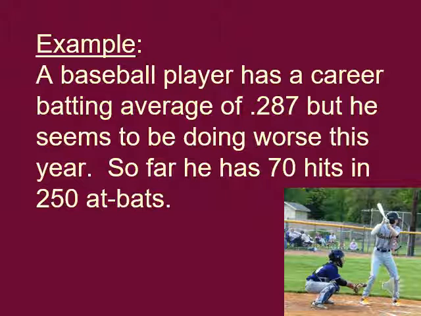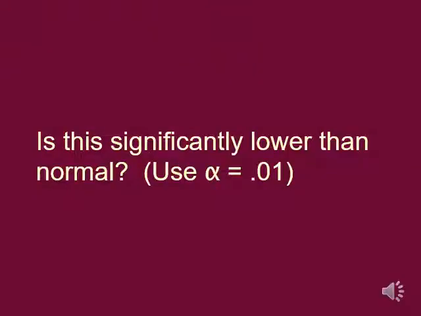When you say somebody's batting .287, what you really mean is that they get a hit about 29% of the time. And so we're going to see, is 70 hits out of 250 worse than what they've done in the past? The question says, is this significantly lower than normal?